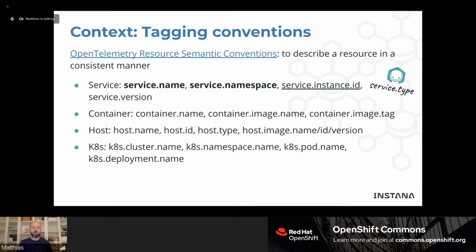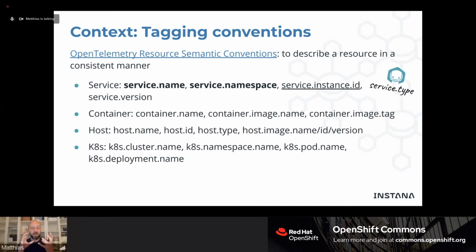So if you've got a service and you picked a service name, OpenTelemetry talks about a service namespace that makes these things unique together, and then you correlate it to a service instance ID, so something that serves this service.